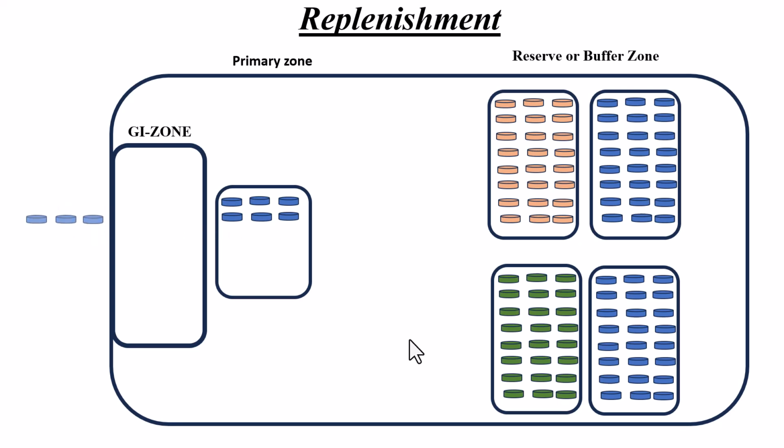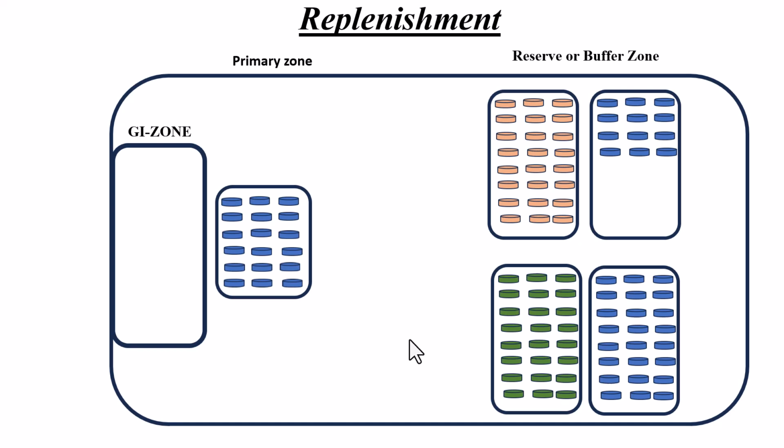Now, what exactly is happening here? As I maintained the minimum replenishment quantity as 6, now it has reached 6. Before it issues one more quantity, the system will try to replenish those quantities like this. So this is called replenishment.